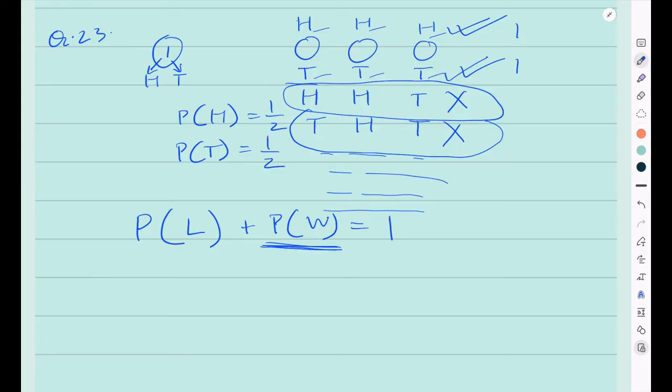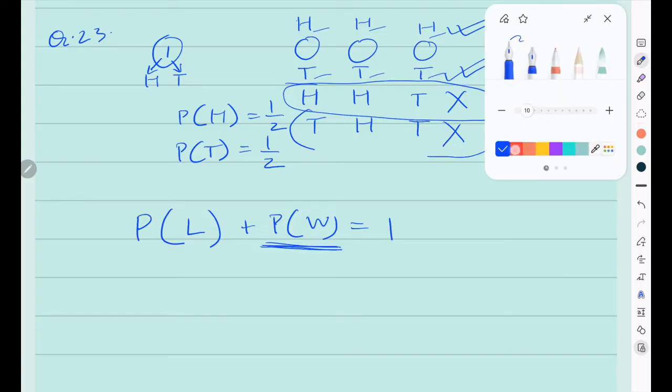Now what we don't know here is how many outcomes are possible. So let us think about it. When we toss a coin for the first time, what will happen?